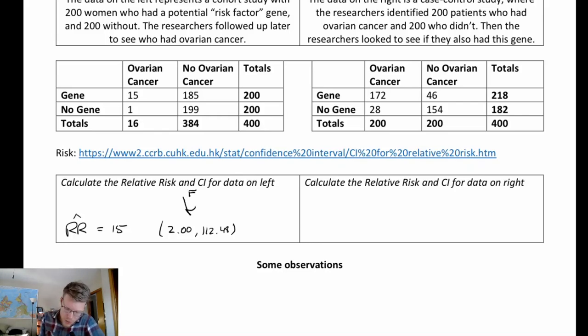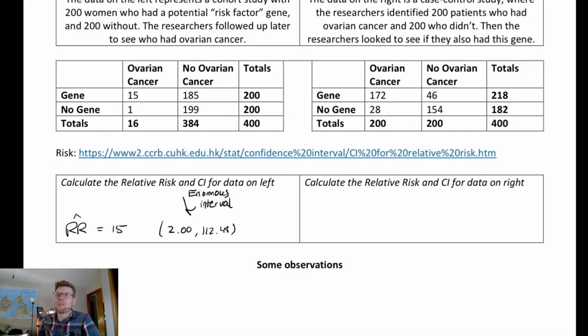So let's make a note of that: enormous interval. Even though I have my RR hat of 15, I'm not very confident in that value. It could be off by quite some magnitude. I'm pretty confident that it is above 1, since my interval starts at 2. But beyond that, I have no idea what's going on.